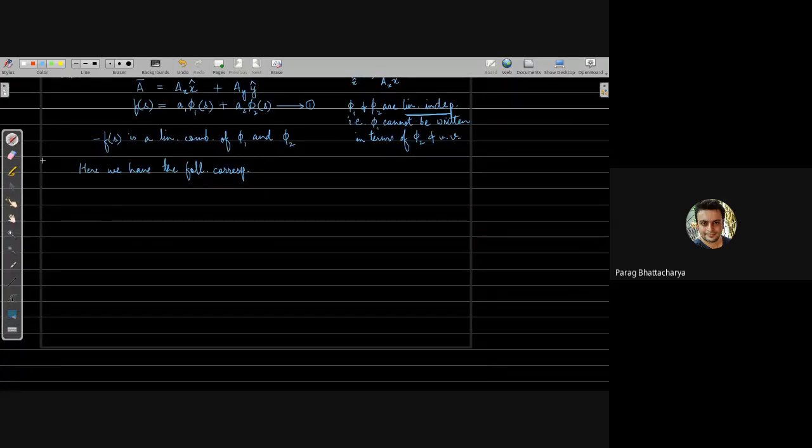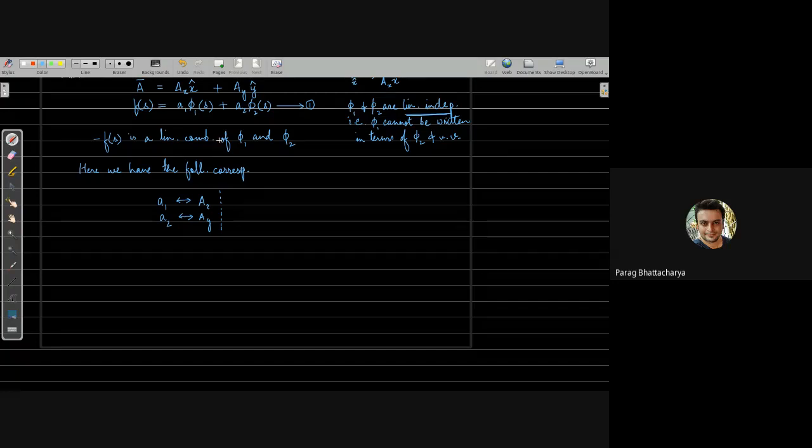The correspondence is basically this: the small a1 that we have here does the same role as ax. Similarly, small a2 does the same role as ay. This is one correspondence that we are able to see.